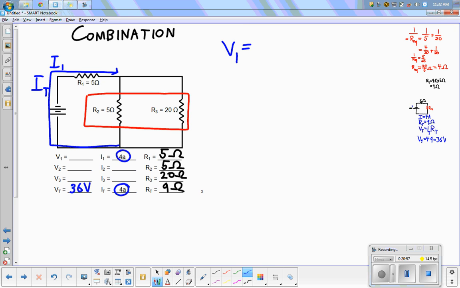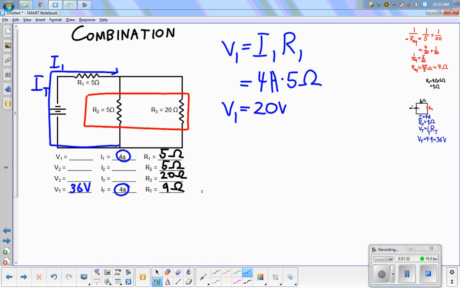Okay, we know both of those. Current 1 is 4 amps. Resistance 1 is 5 ohms. So, voltage across number 1 is going to be 20 volts. V1 is our 20 volts.